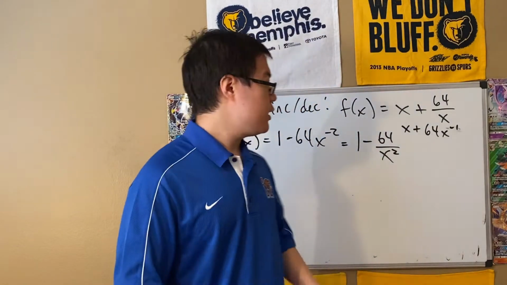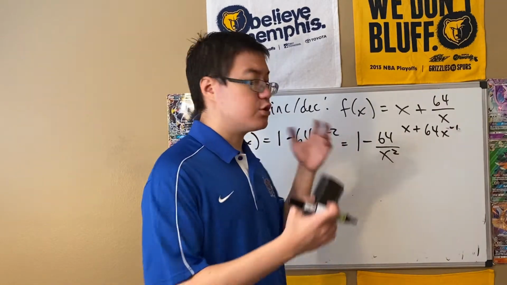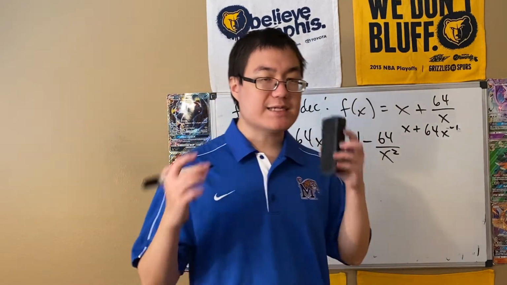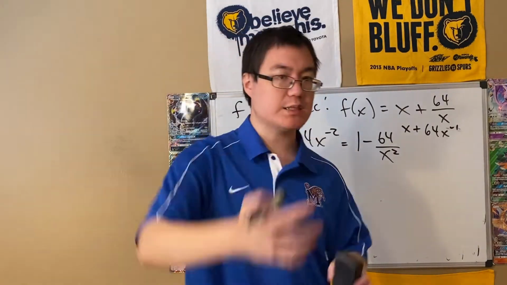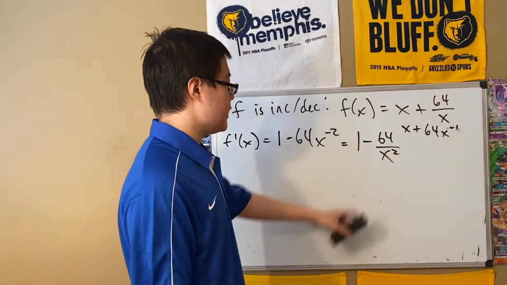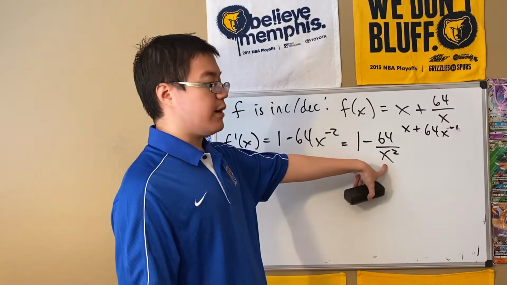So what I need to do is combine these fractions into one fraction. Factor the top as much as possible, factor the bottom as much as possible, but you need to have a single fraction. So in this case, I'm going to combine these with a common denominator. Keep in mind that the common denominator is going to be x squared.